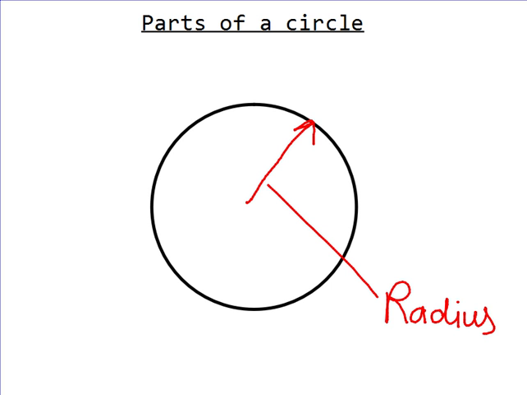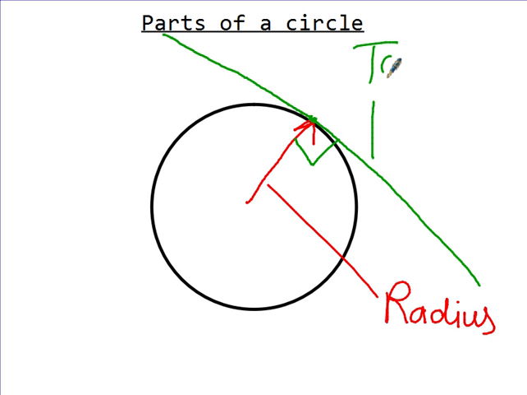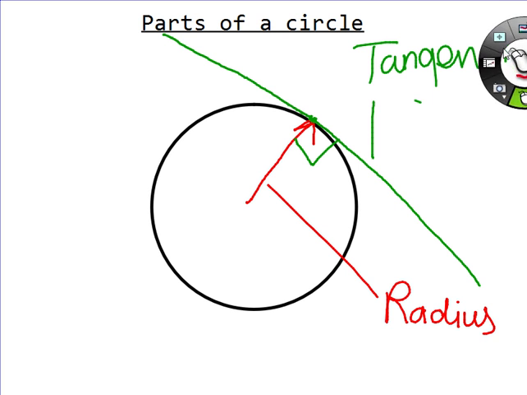Now a tangent, I'm going to draw this in green, is a line that just touches one point on a circle. It's a straight line and it meets the circle at 90 degrees to the radius. And we call that a tangent. So the tangent is a line that touches the circle at 90 degrees to the radius.